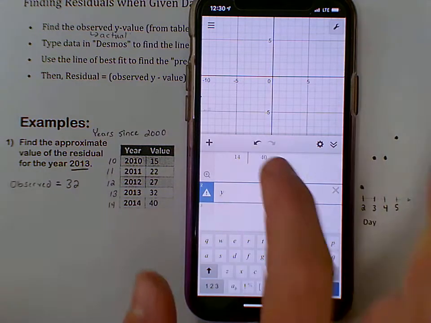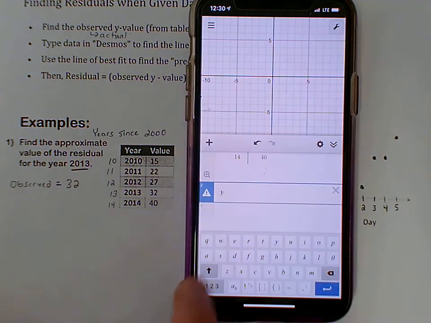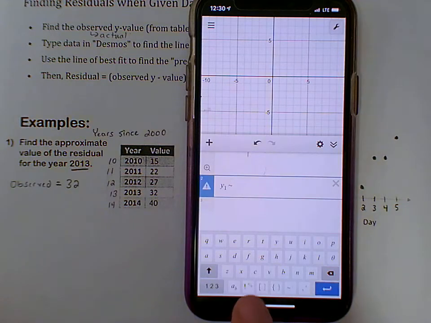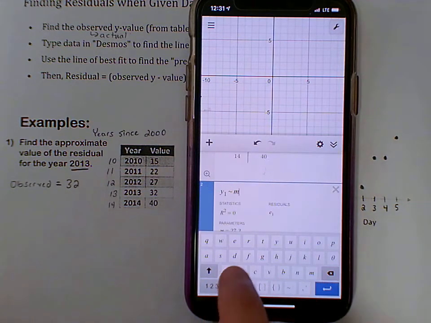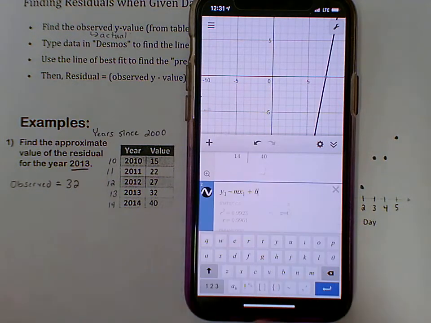But remember, you have to make it match your table. So since there's a Y1 up here, when I type in my Y, I'm going to have to put a 1 with it. And then you do the squiggly, which is your tilde. So press the tilde, and then it's MX. Then you have to type a 1 with the X, and then plus B. Okay?